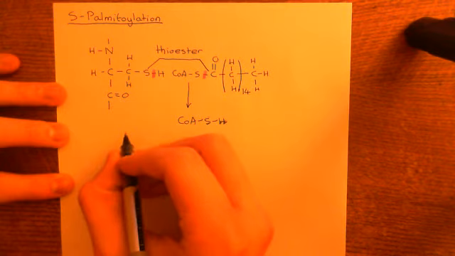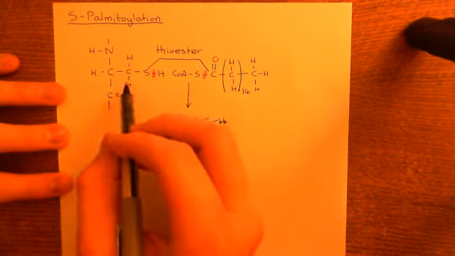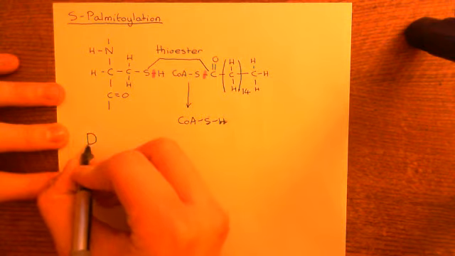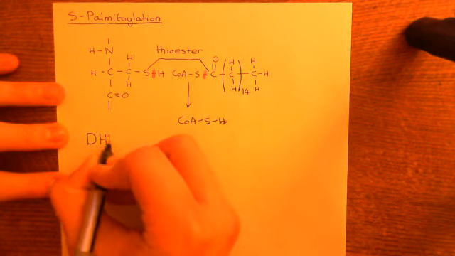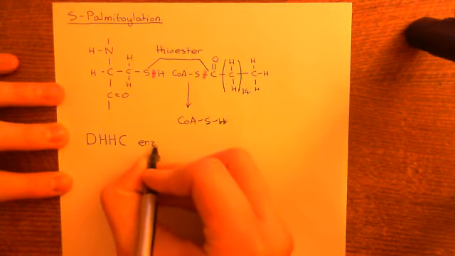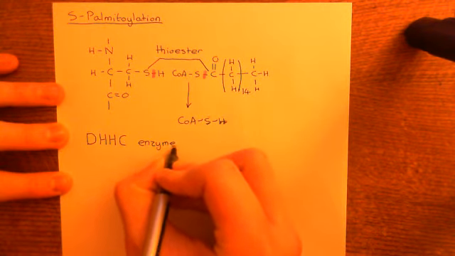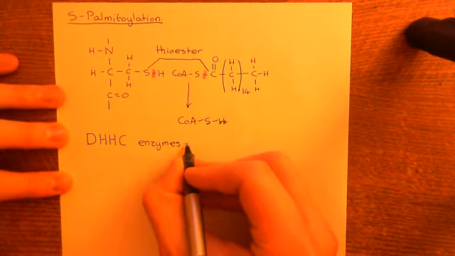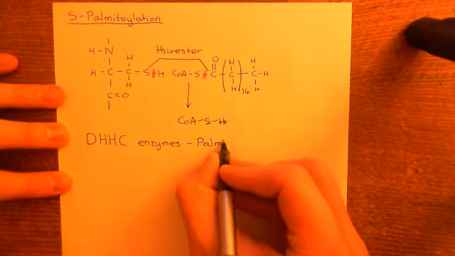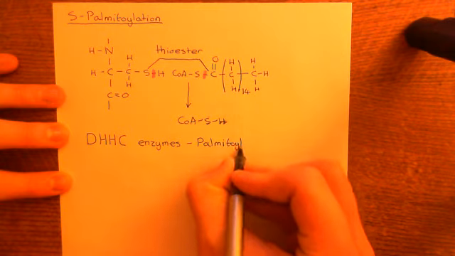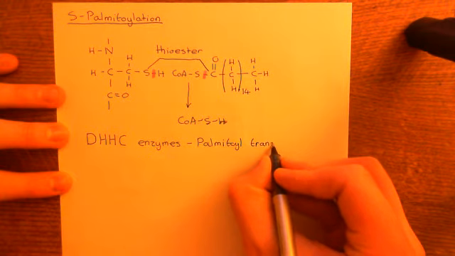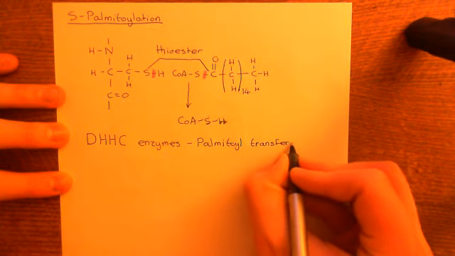Now, there are 23 enzymes that are capable of catalyzing this, and they are all in the family of DHHC enzymes. All of these DHHC enzymes are palmitoyl transferase enzymes, so they're going to transfer palmitoyl groups from coenzyme A molecules onto cysteine residues within proteins.